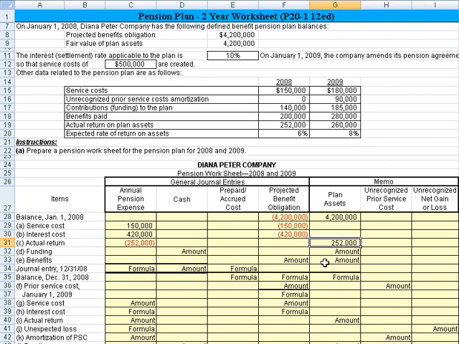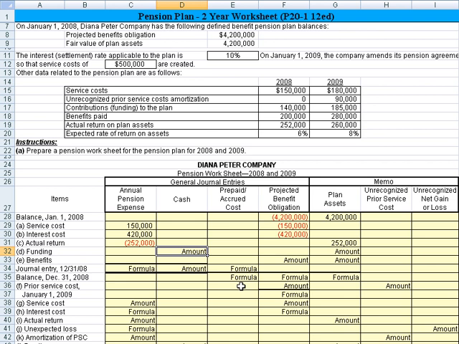All right, then we need to take a look at funding. And contributions or funding of the plan shows up right there with $140,000. So it looks like it's funded with cash.